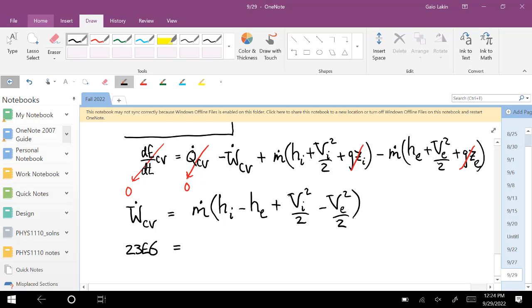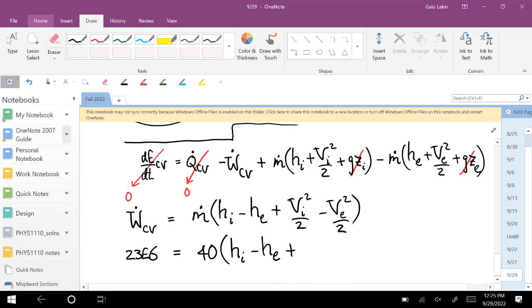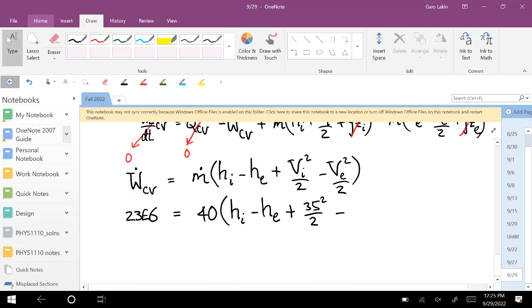And that's equal to, we know the mass flow rate is 40. We don't know either of these enthalpies yet. We do know the speeds: at the inlet, that's 35 meters per second squared over 2, and at the exit, that's 120 squared over 2.